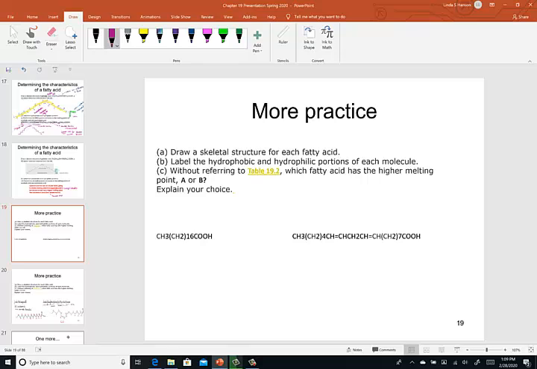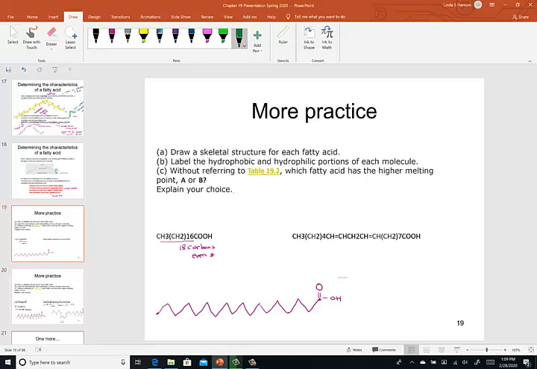Well, here I can see 18 carbons altogether. I know that fatty acids always have an even number of carbons. So as I think about the straight chain, 1, 2, 3, 4, 5, 6, 7, 8, 9, 10, 11, 12, 13, 14, 15, 16, 17, 18. There's my 18th carbon, and there's my COOH functional group.